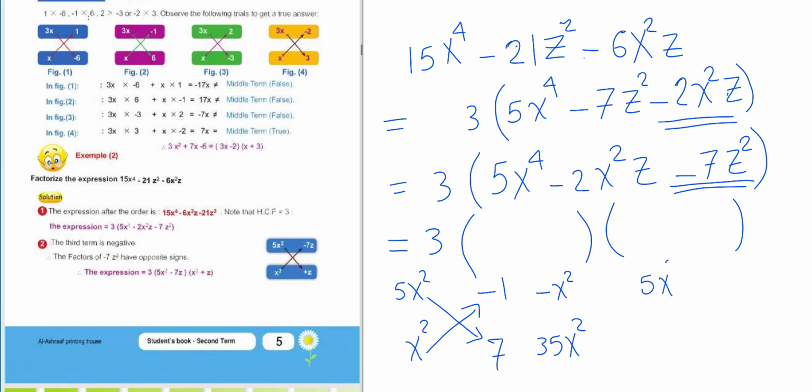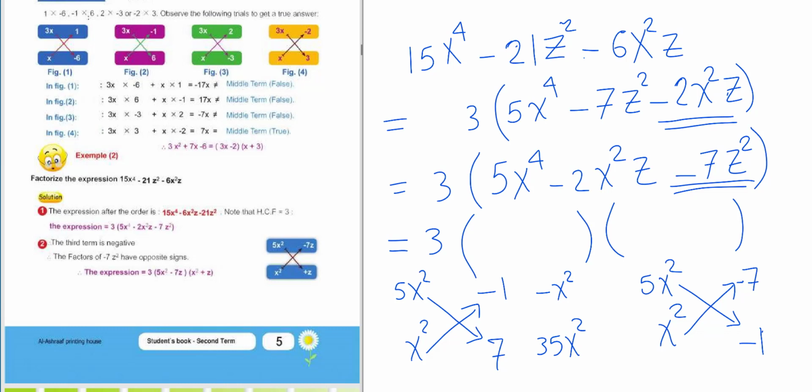So we swap the places of 7 and negative 1 and find the product of extremes and the product of means. 7 times x² equals 7x². 5x² times negative 1 equals negative 5x². Their sum equals 2x². So this is also false.